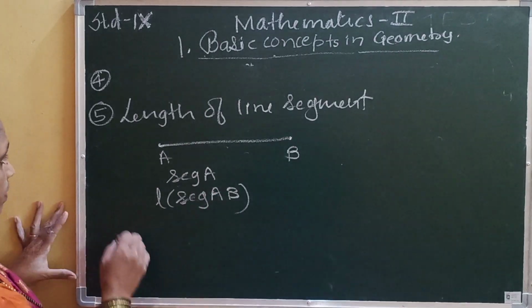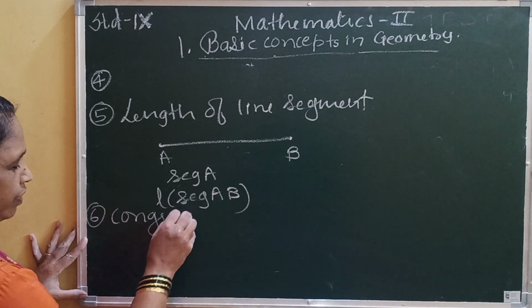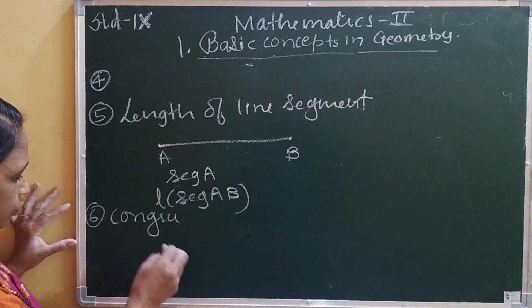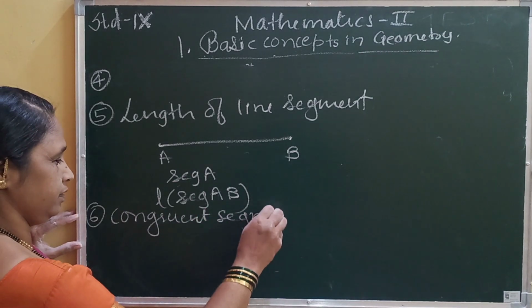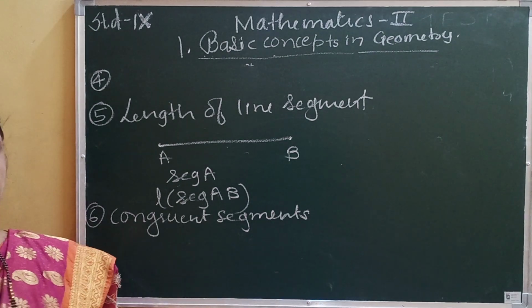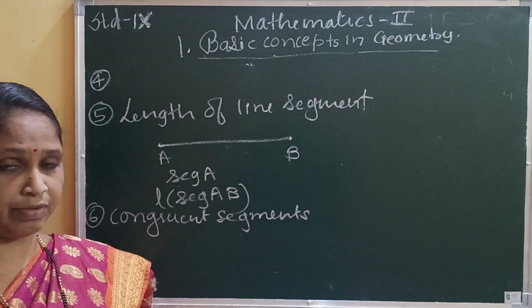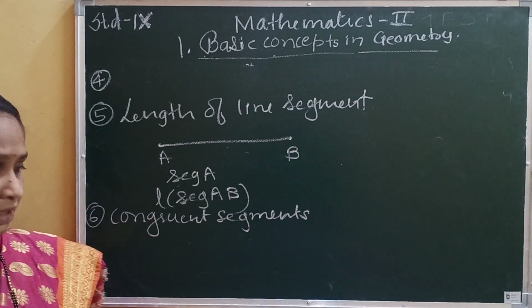Now the next part you have to study is congruent segments. When do we say that segments are congruent? When the measures of two segments are the same, we can say that the two segments are congruent.